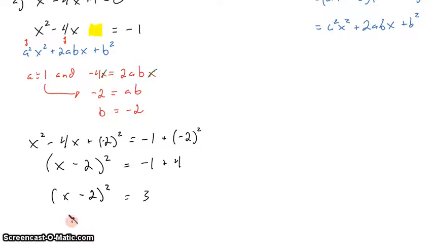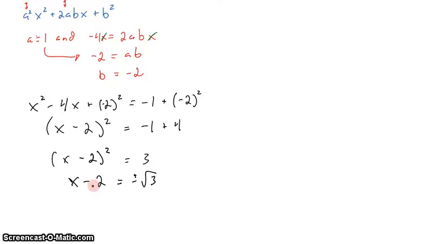Taking the square root of both sides, I get x take 2 is equal to the square root of 3. But anytime I take a square root, I have to remember that the result could be plus or minus. Final step is to move the 2 to the other side, and I get x equals 2 plus or minus root 3. And those are the exact solutions to the quadratic.